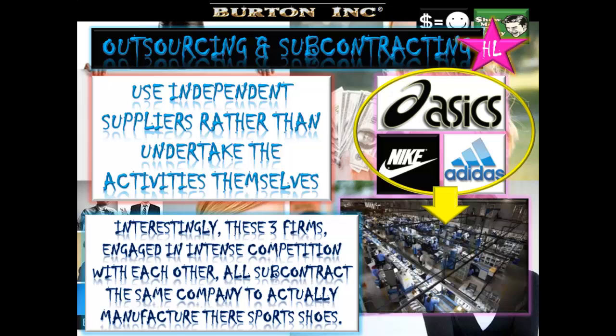Disadvantages, of course. Initially there'll be redundancies, and that's going to need to be managed carefully. Subcontractors need to be monitored to ensure that deadlines and quality standards are observed, and that's going to increase the cost of administering outsourced activities. There could be ethical concerns and problems with the supply chain. We've seen that with riots in the Guangdong factories, big strikes, collapsing factories and worker housing in Bangladesh.